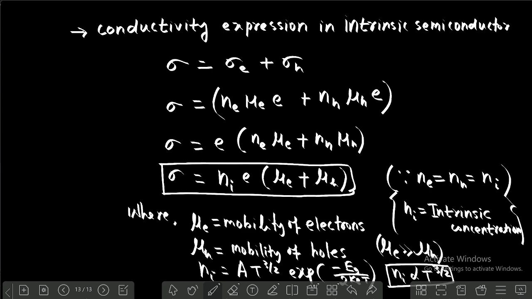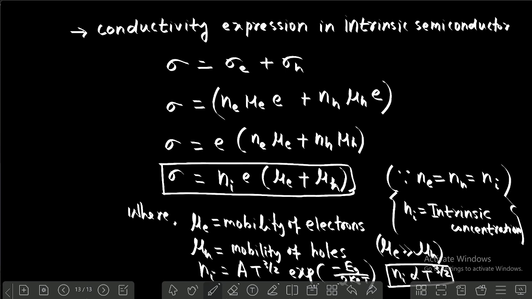Next one is the variation of semiconductor, or what is the effect of temperature. Mu H is mobility of holes, mu E is mobility of electrons.